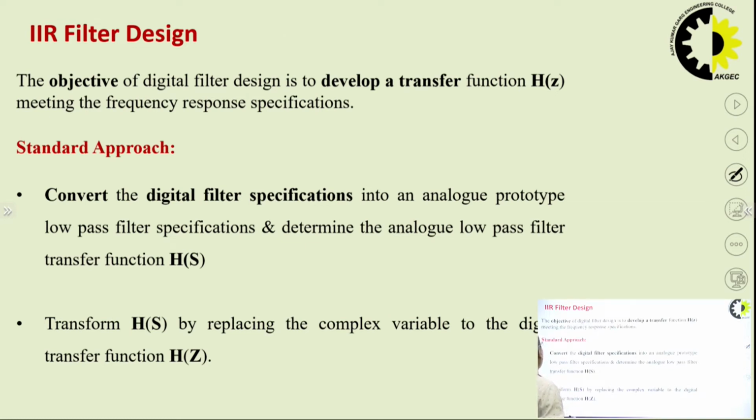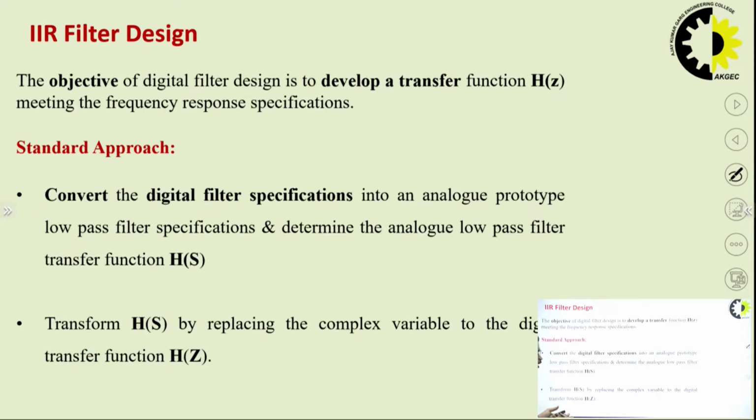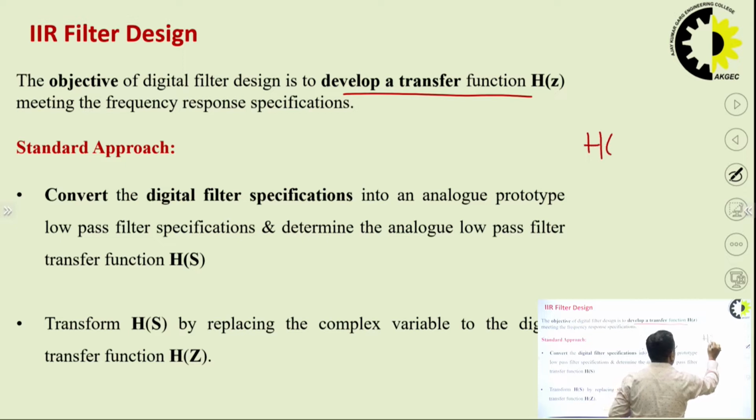In IIR filter design, for these 3 methods that I told you, I will explain what we generally do by this PPT. The objective of digital filter design is to develop a transfer function H(z) meeting the frequency response specification given in the problem. So, you have to convert your specification into H(z).